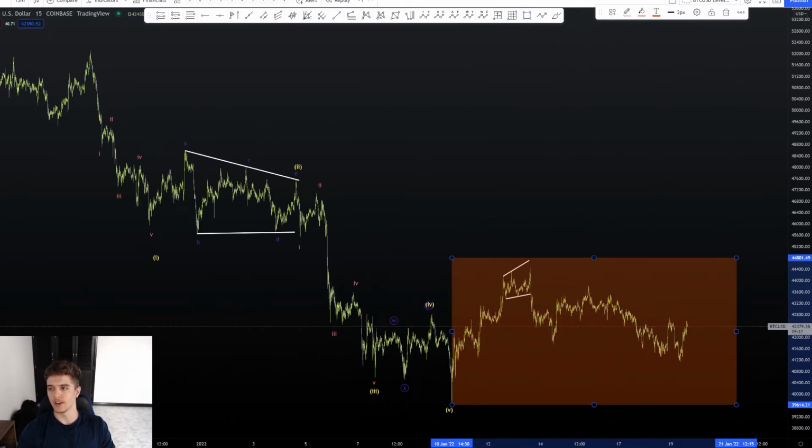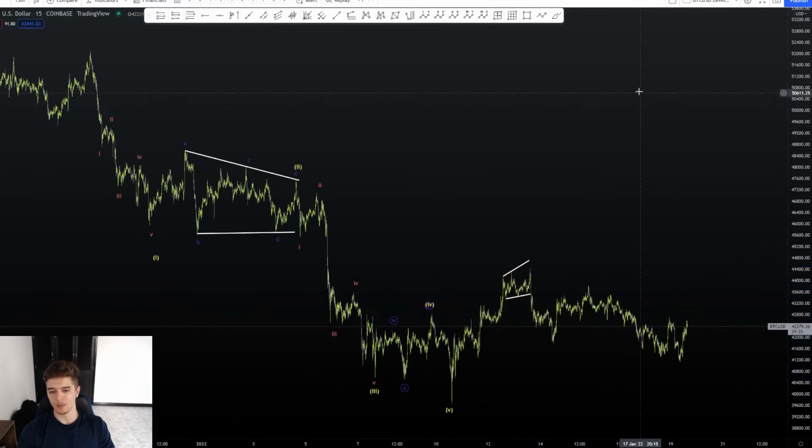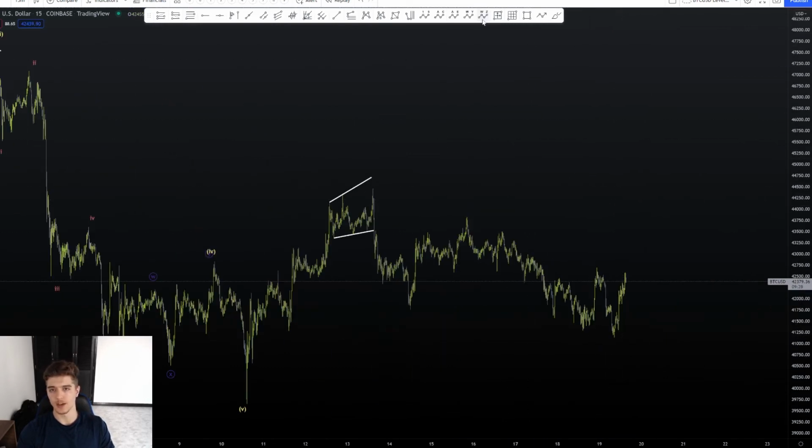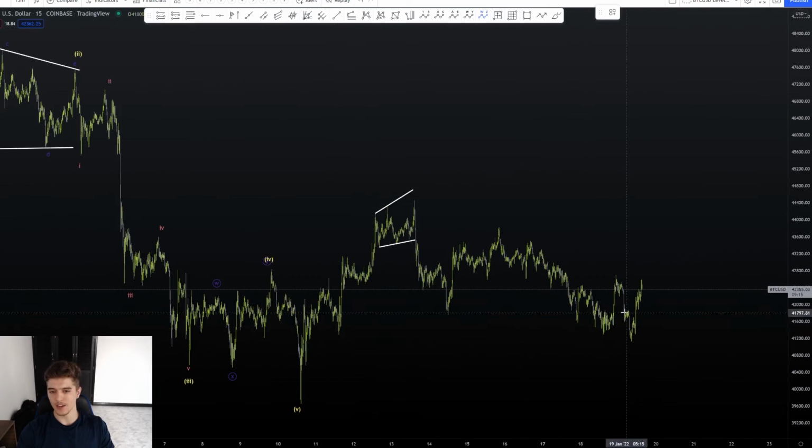It's so hard to subdivide nicely that my rule in Elliott waves is if you're having to guess, if you're having to label everything as a WXY, or if you're having to guess and throw out some crazy predictions, then I'm not going to be using Elliott waves as a very strong factor in my trading. So for example, right here, I'm definitely not going to be following any. I'll be showing you guys some possibilities, but I'm not going to be relying on any counts that I have in this section right here.